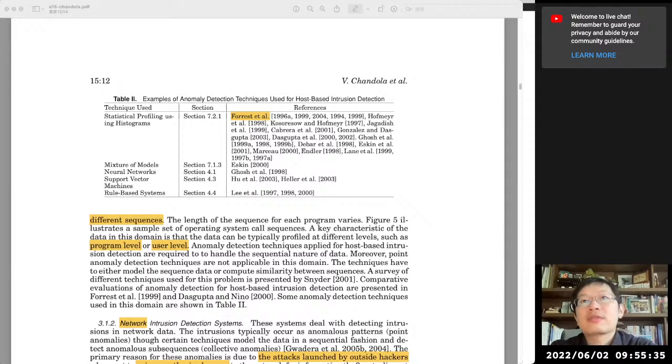They record something which is normal for a certain period of time, make a model for these normal behaviors, and then use this normal model against the current observation to see if there is any deviation from the normal behavior. Then the anomaly detection is done.